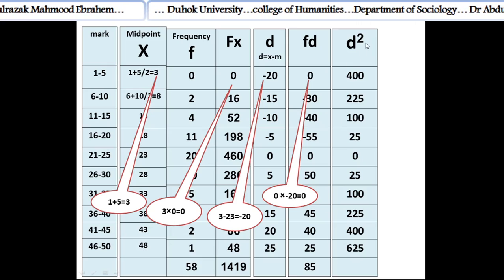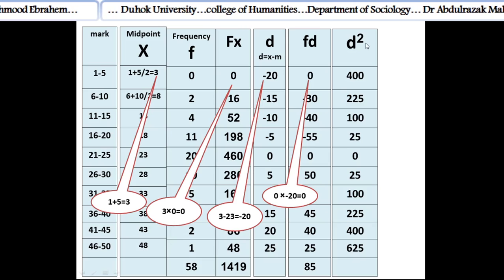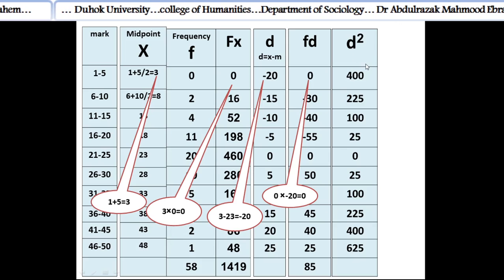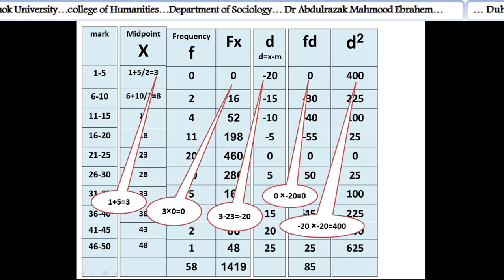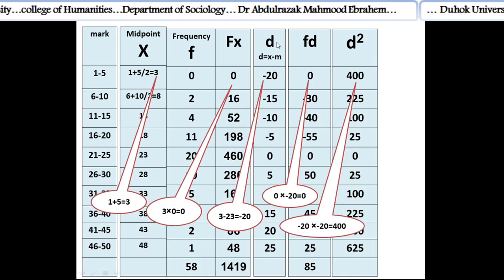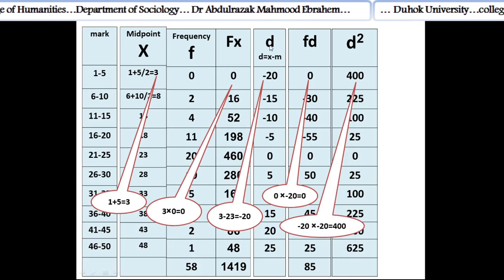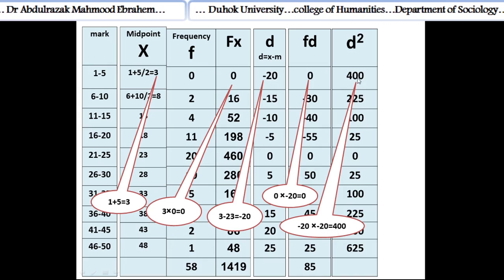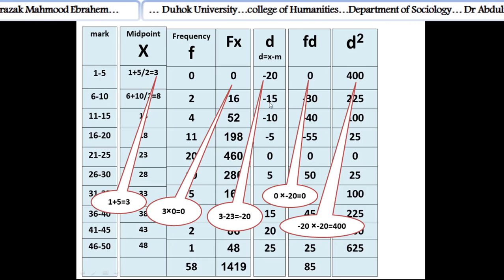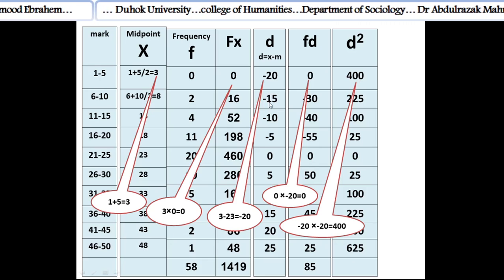Now we must make D square. From where can we have D square? Minus 20 multiplied by minus 20 equals 400. Minus 15 multiplied by minus 15 equals 225.